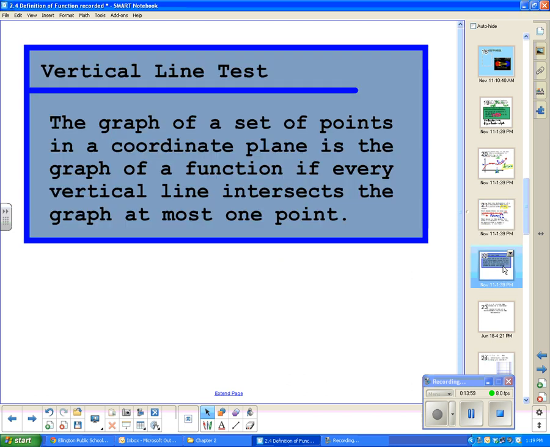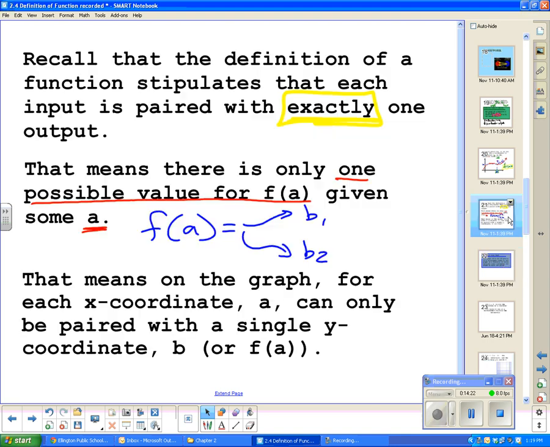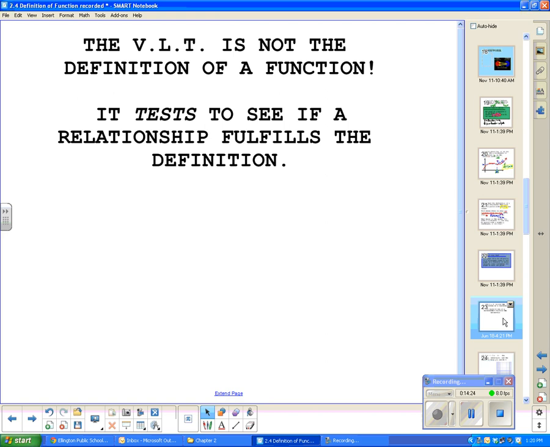And the vertical line test says the graph of a set of points in a coordinate plane is the graph of a function if every vertical line intersects the graph at most at one point. If we intersect the graph at more than 1 point, let's say 2 points or 3 points, we have failed the vertical line test, and we have failed to be a function, because that would fail all of this right here.